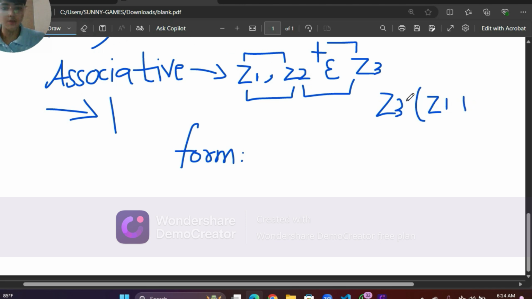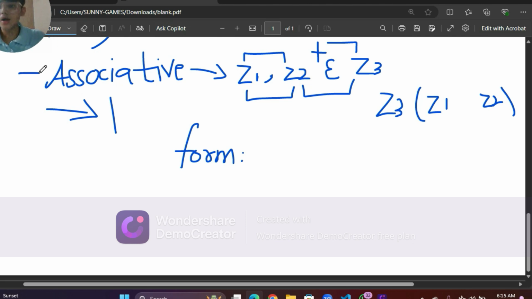If it is about addition, you will do this, and if it is about multiplication, you multiply it without the addition signs, and you will have your answer for the associative addition and multiplication property.